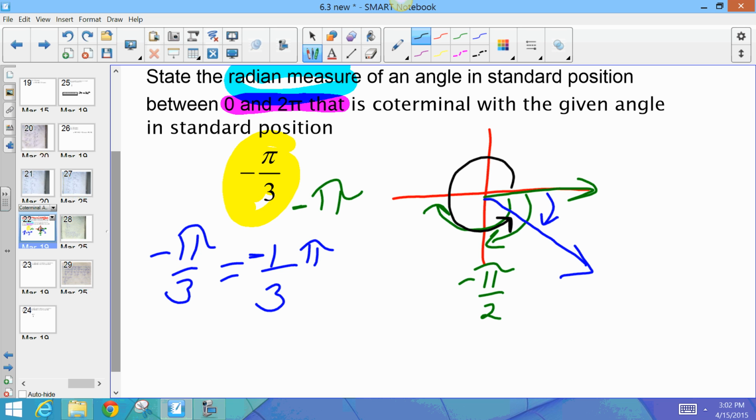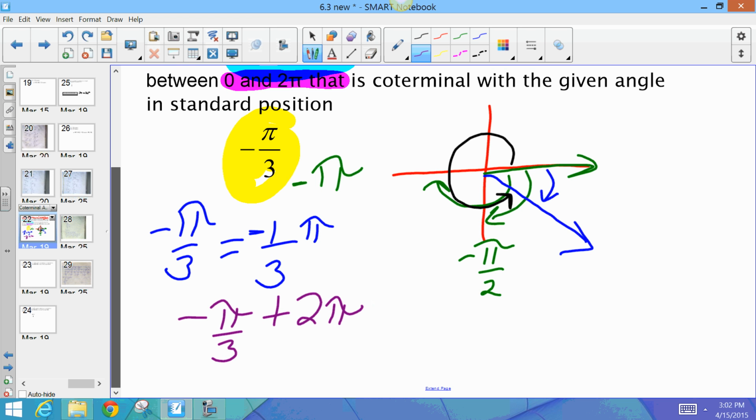All right, so here's what I'm going to do. I am going to take my negative pi over 3 that was given, and I'm going to add 2 pi, and that's going to give me the black one. Now, in order to add fractions, I need common denominators. So I'm going to multiply top and bottom by 3.